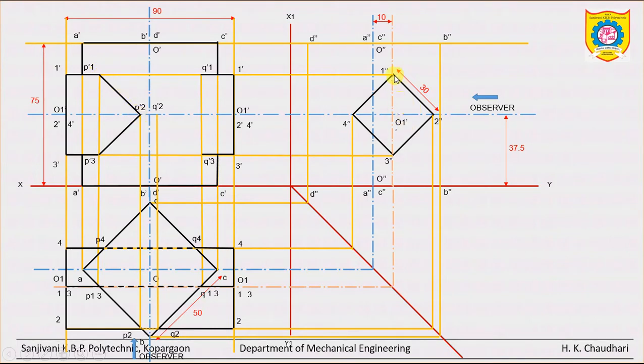So see here, P1, that means 1 to 2 from this observer is the front side, and from the bottom 2 to 3. We are joined here. It is very simple. Similarly for the right side, this is the right side. Join all the points.